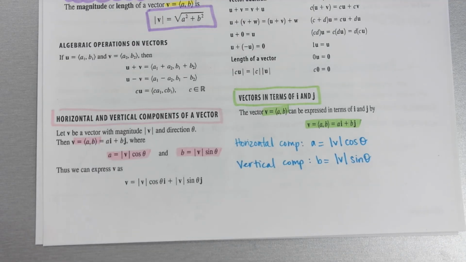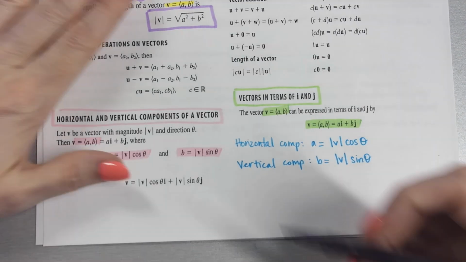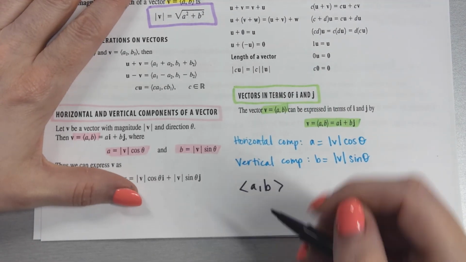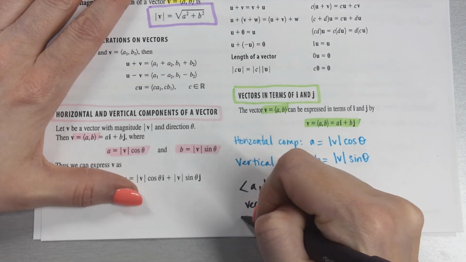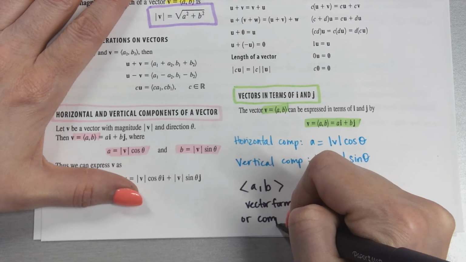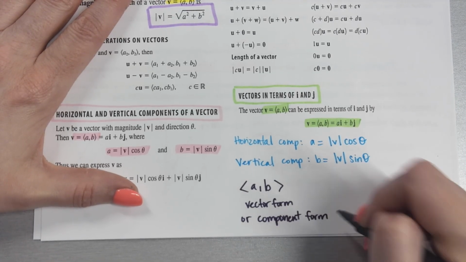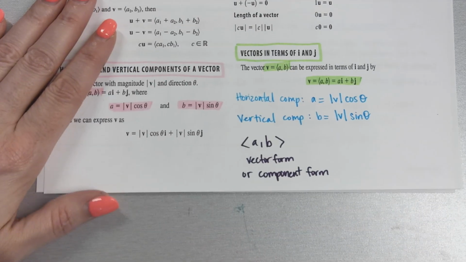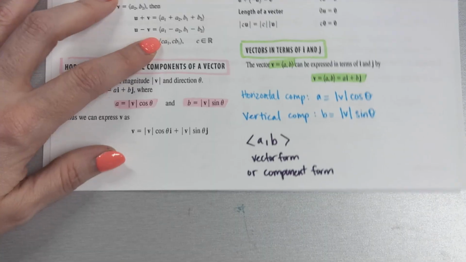Okay, and then ab. Your book calls this vector form or component form. So there are going to be different forms they're asking you to write them in. Sometimes your book will call this component form, and I don't like it.